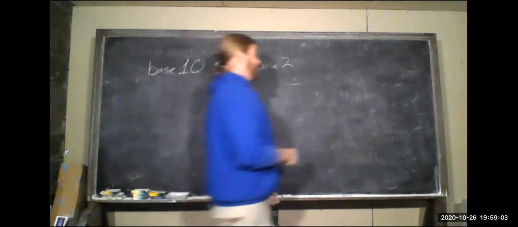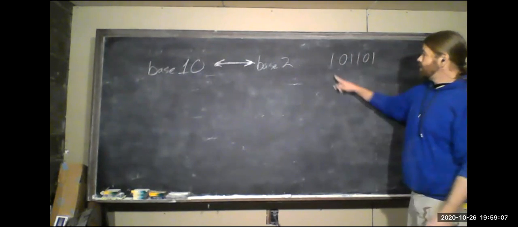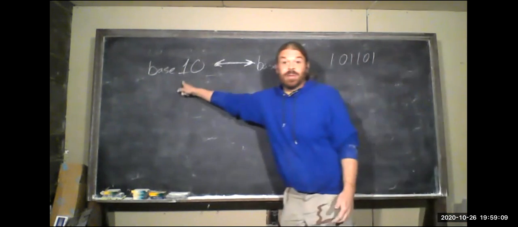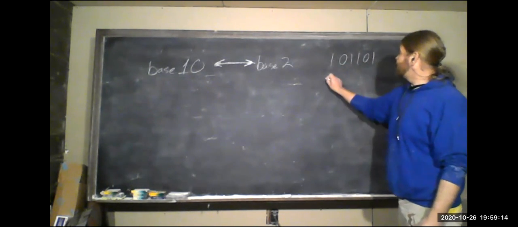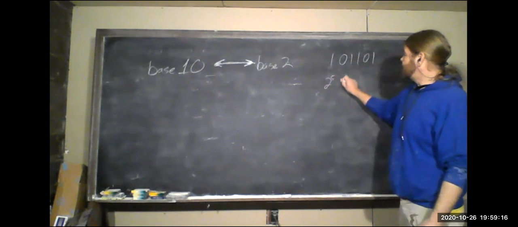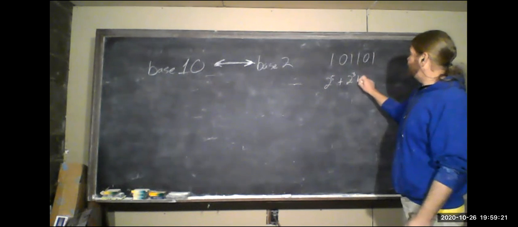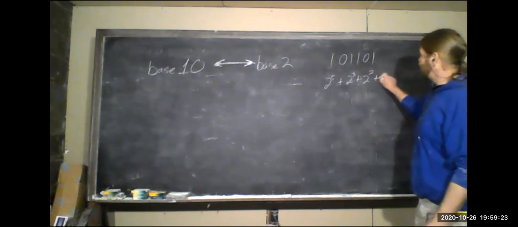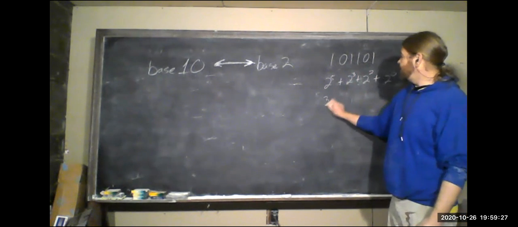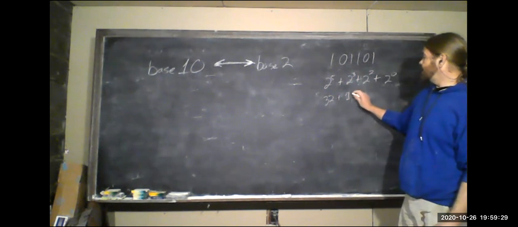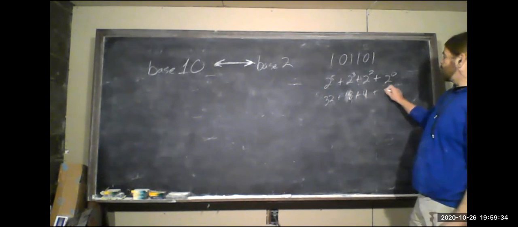If we have some big long binary number and we want to get to base 10 to make sense of it, we have 2 to the 5th plus no 2 to the 4th plus 2 cubed plus 2 squared plus 2 to the 0. That is 32 plus 8 plus 4 plus 1.